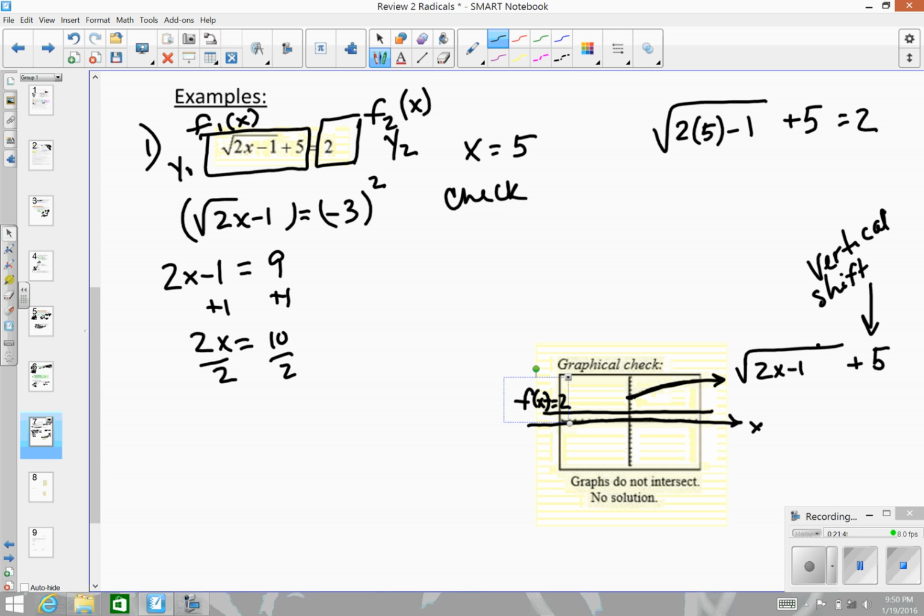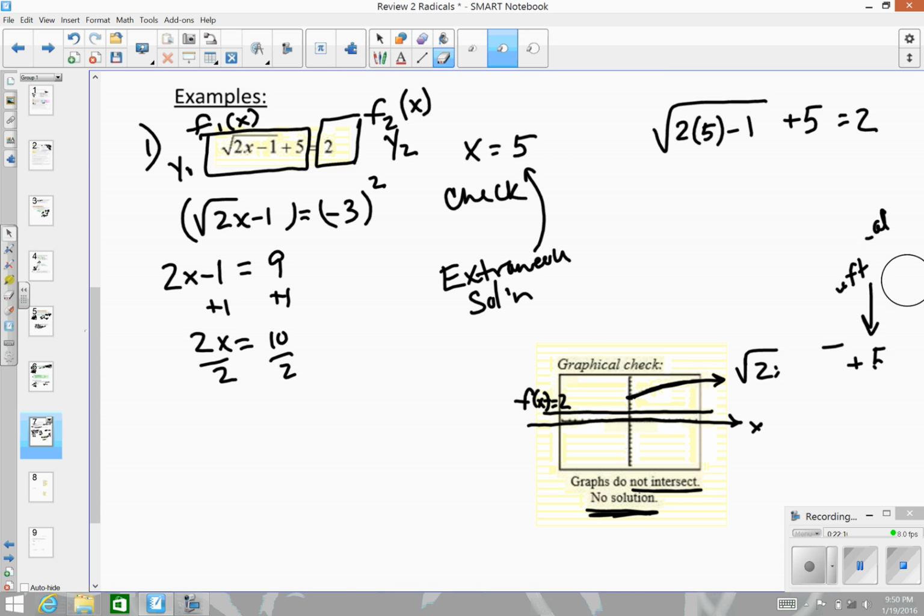So if there's no intersection point, then there's no solution, which means that my solution of x equals 5 is an extraneous solution, which is what I should find if I were to do my algebraic check.